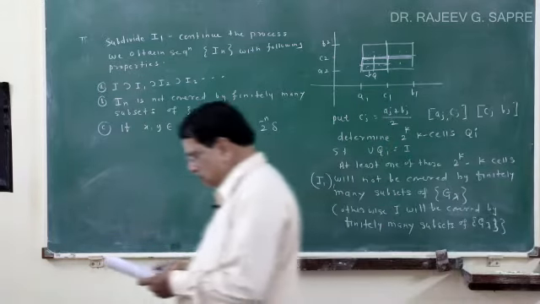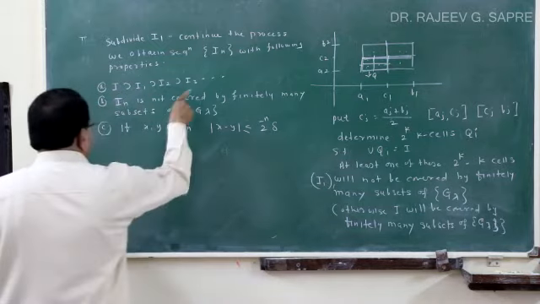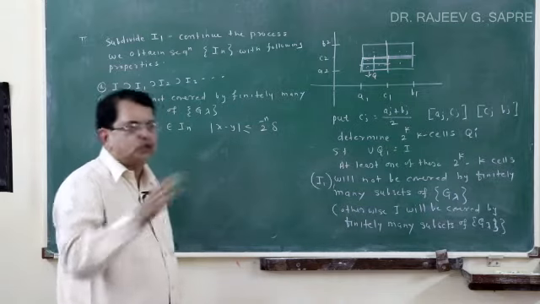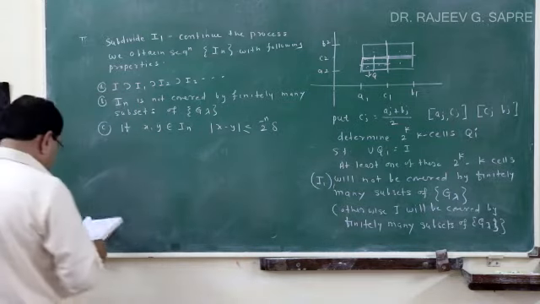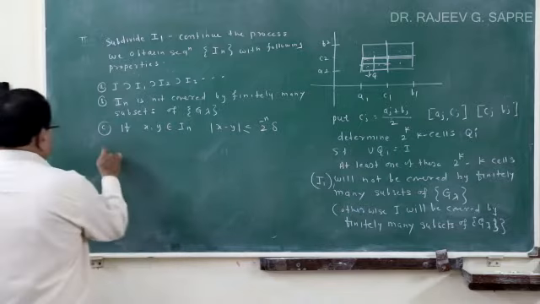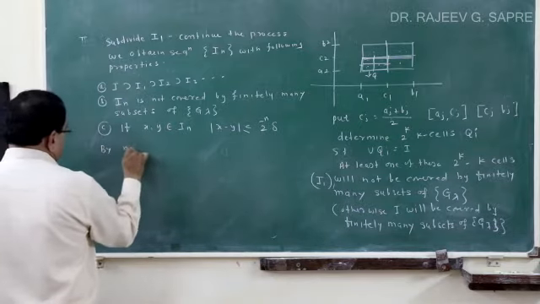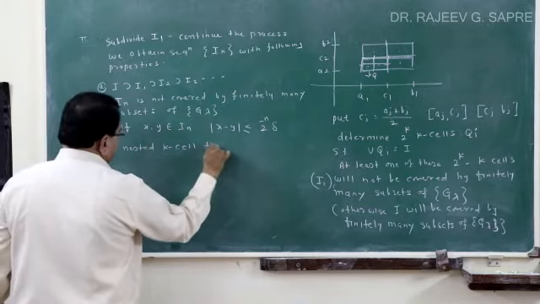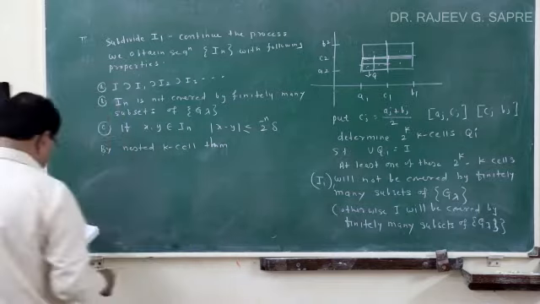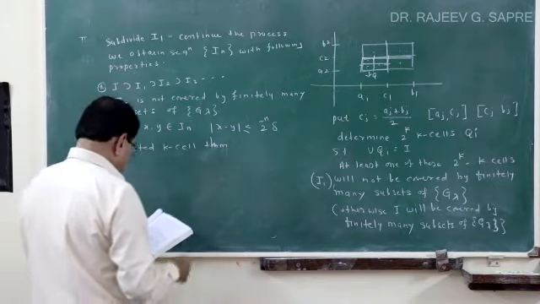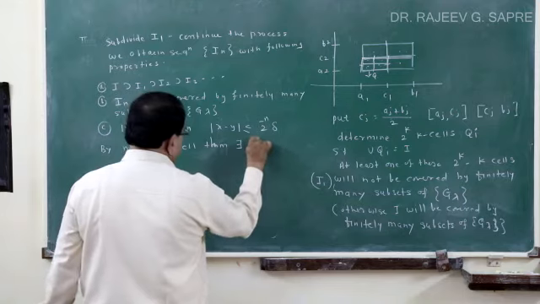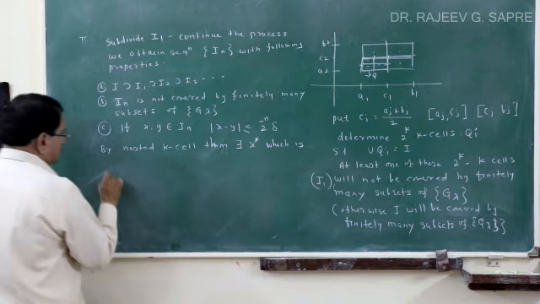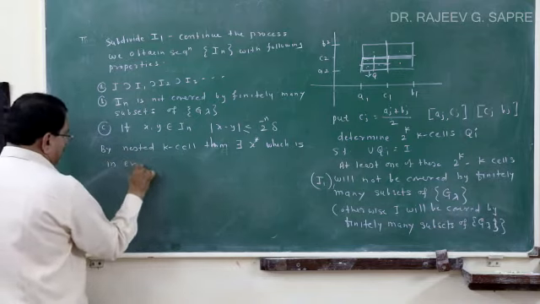So by that theorem, their intersection is non-empty. So by the nested K cells theorem, there exists at least one point, say X star, which is in every In.